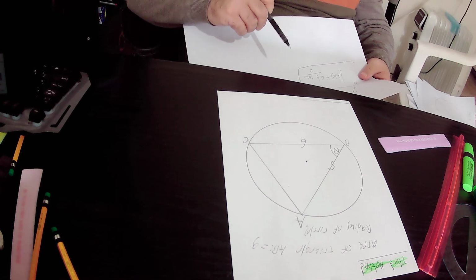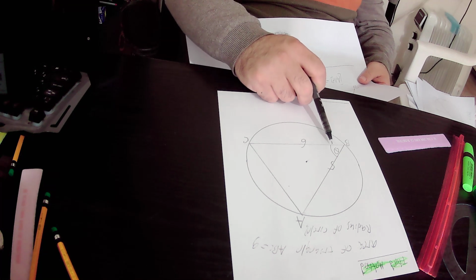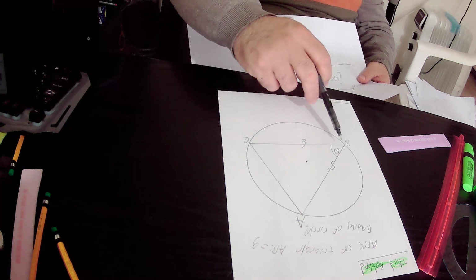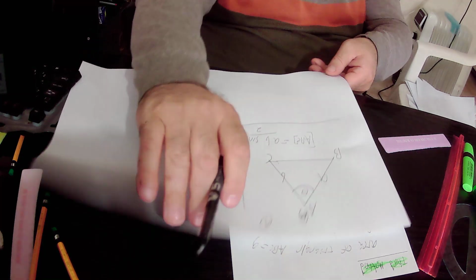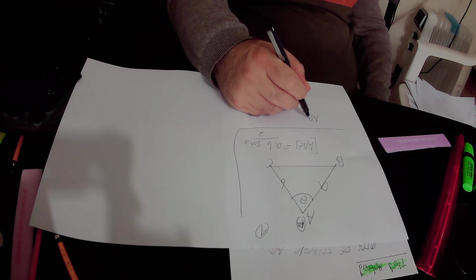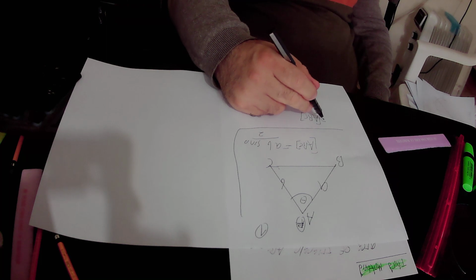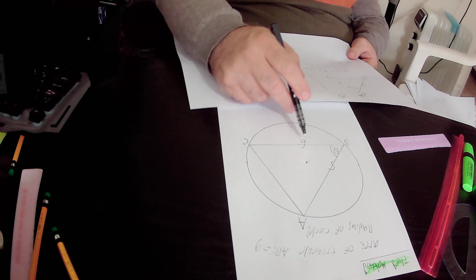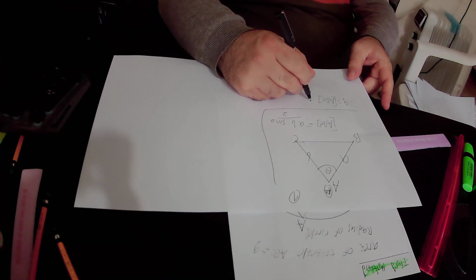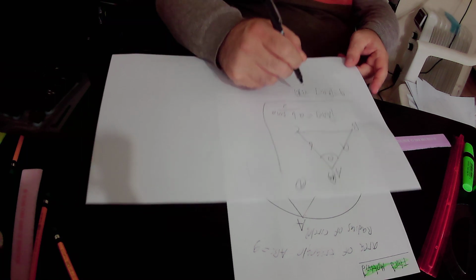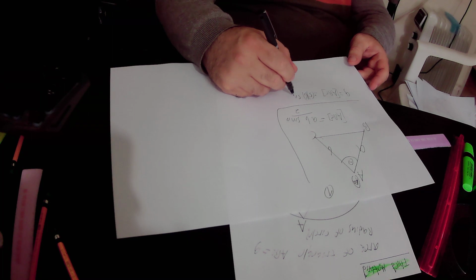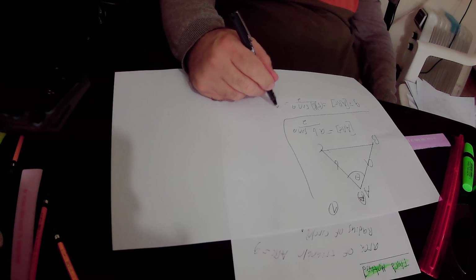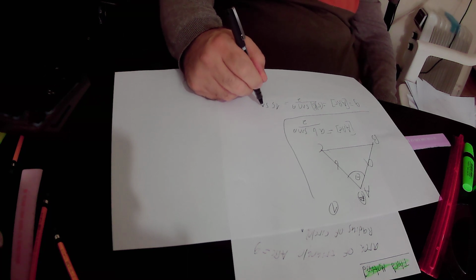According to this formula, the area of this triangle equals A times B, that is 5 times 6, times sinus theta over 2. 5 times 6 is 30, and 30 over 2 is 15. So it's 15 times sinus theta.